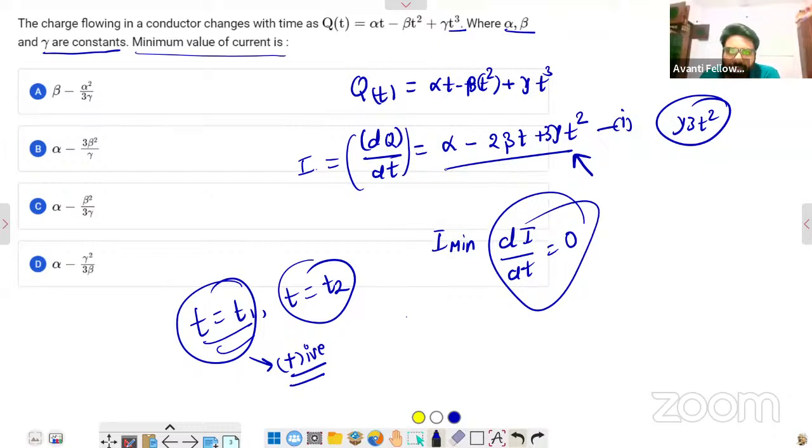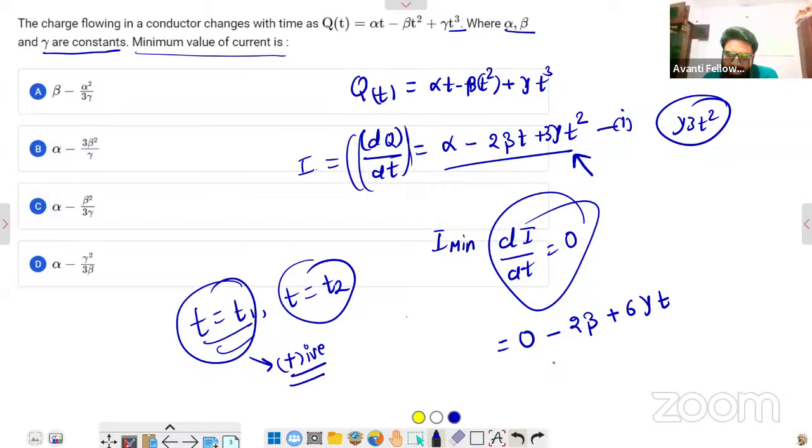So here you have to differentiate the expression dq by dt again. The differentiation of alpha is 0, of minus 2 beta t is minus 2 beta, and of 3 gamma t square is 6 gamma t, and this equals 0.